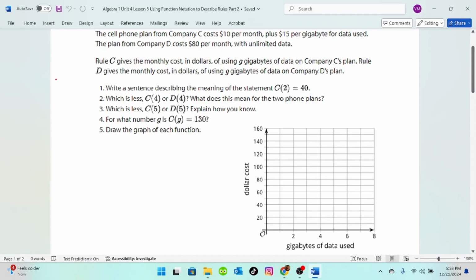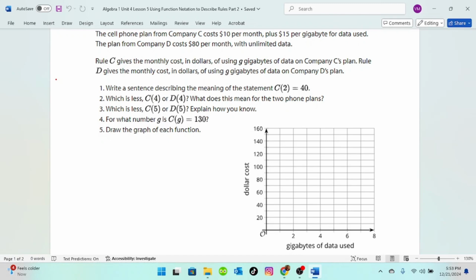Now we can start the practice problems for Lesson 5. The cell phone plan from Company C costs $10 per month plus $15 per gigabyte for data used. The plan from Company D costs $80 per month with unlimited data.